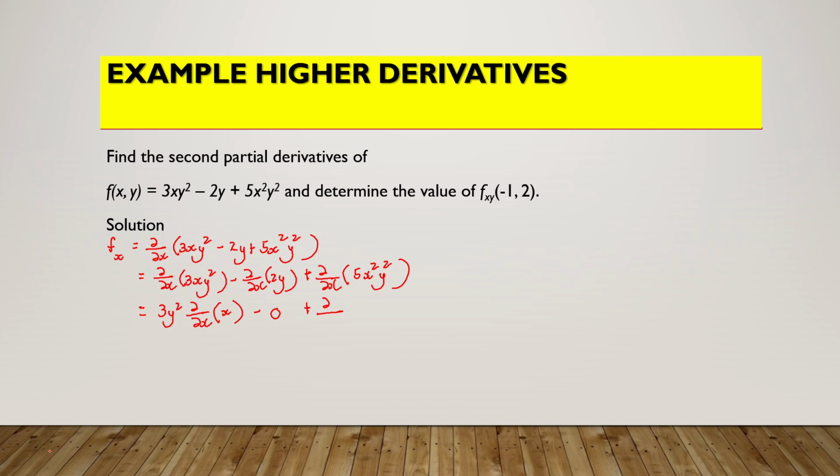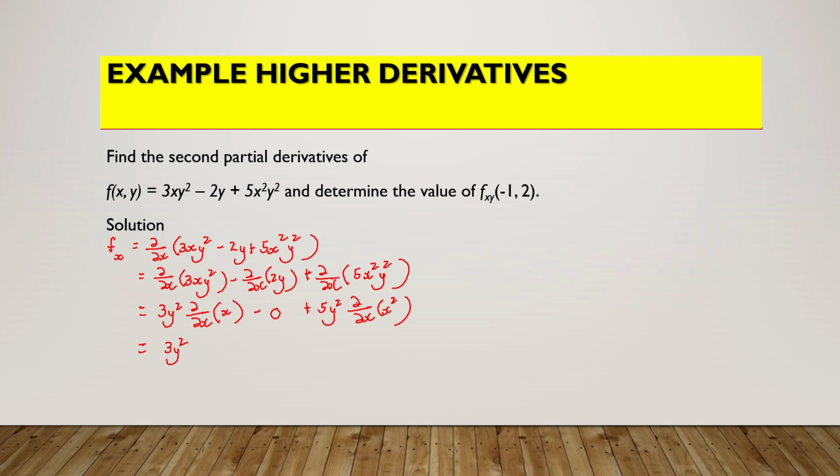Then you differentiate x squared. Del del x of x is 1, so you have 3y squared.